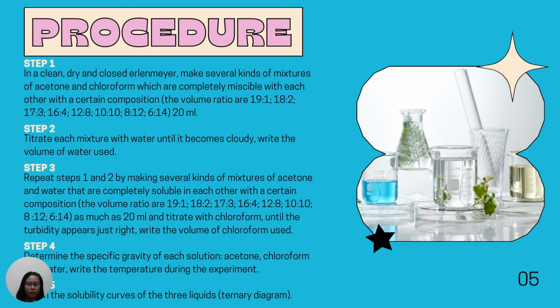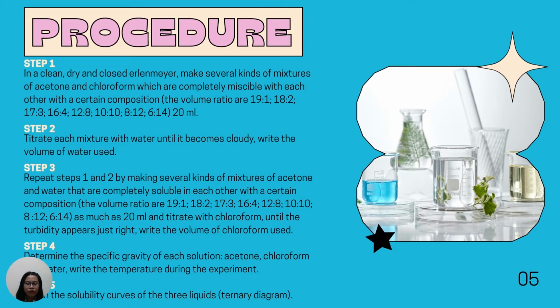Repeat steps 1 and 2 by making several kinds of mixture of acetone and water that are completely soluble in each other with a certain composition. The volume ratios are the same as the previous experiment, as much as 20 ml, and titrate with chloroform until the turbidity appears just right.